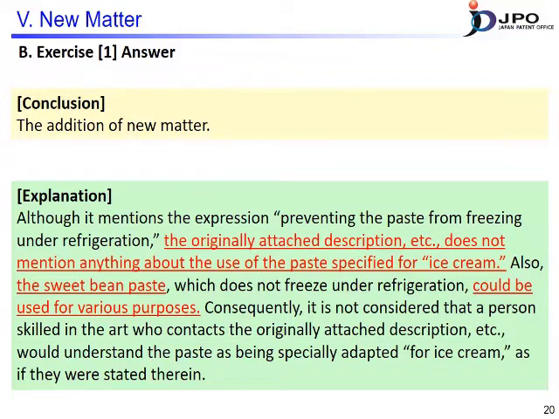Also, the sweet bean paste, which does not freeze under refrigeration, could be used for various purposes. Consequently, it is not considered that a person skilled in the art who contacts the originally attached description, etc., would understand the paste as being specially adapted for ice cream as if they are stated therein.